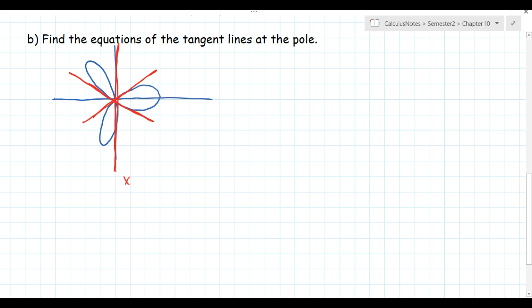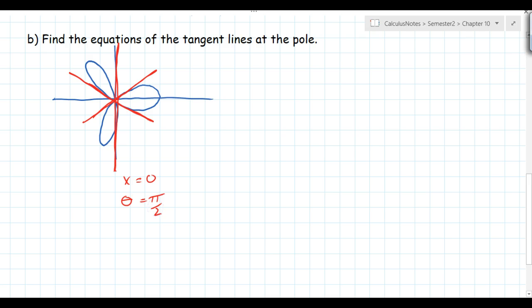So Kevin gave it to us as a Cartesian equation. What would that equation be if you wrote it in polar? Colin? Theta equals pi over 2.